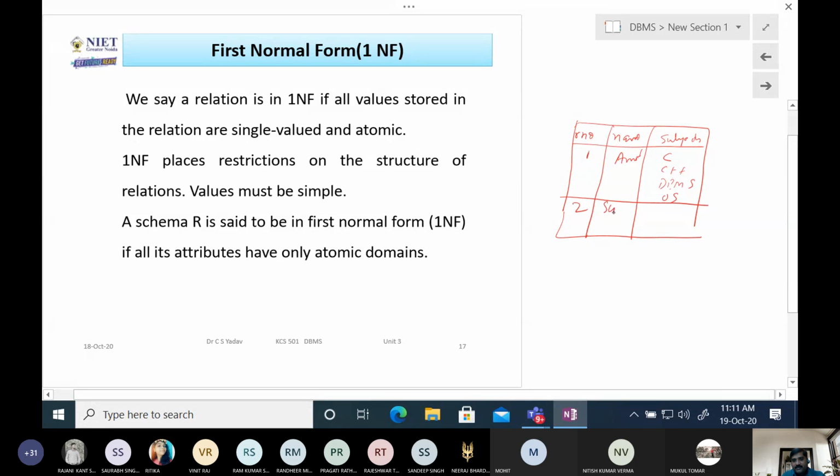Second, 2, Sumit, and then again C, C++, DBMS, OS. So here this cell contains multiple values. This is not allowed in the table. A relation is said to be in first normal form if all underlying domains contain atomic values. But here there are multiple values. So this is not allowed in the table. Did you get it?